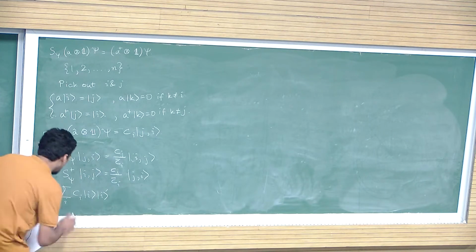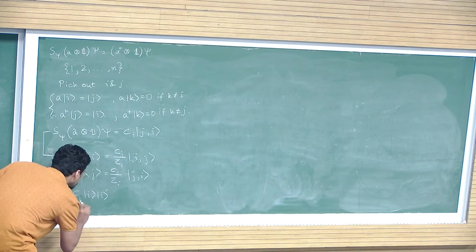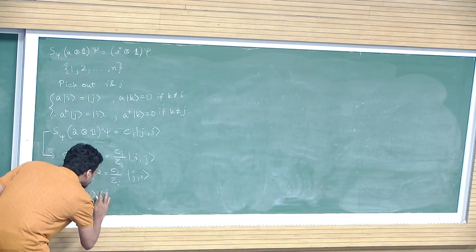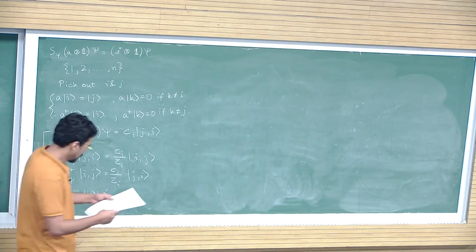Actually, I should not use I, because I's are some specific values, so I've been using k. This is the summed-over index. I have chosen two particular I and j, and these are fixed things that you have chosen. Okay, so this was psi, this is the adjoint, and this is what I have got.